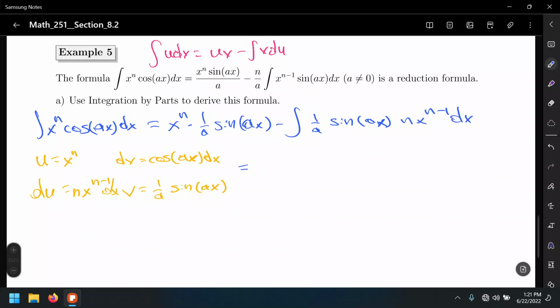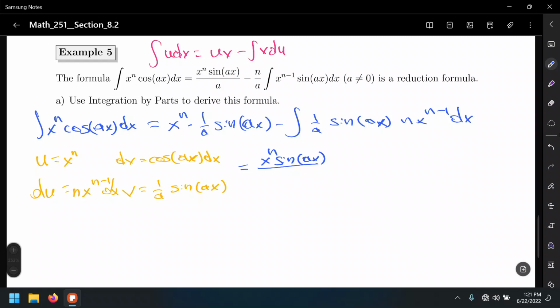Alright, let's simplify this a little bit. There's really not that much to simplify. Let's put together x to the n sine ax over a. That's the first term in the formula that we were given, isn't it? Let's check for that.